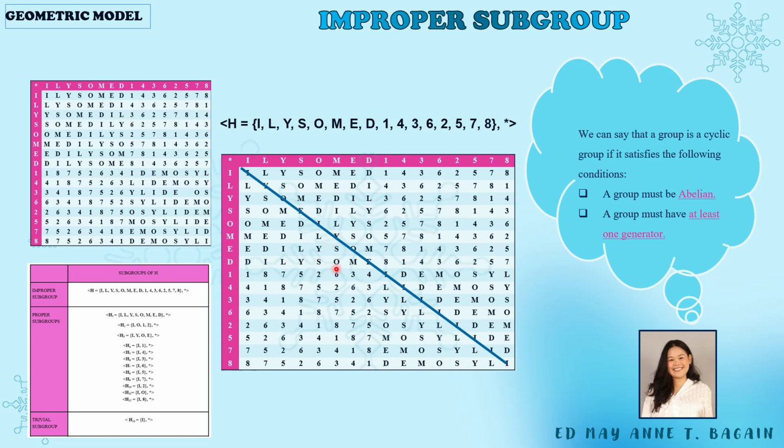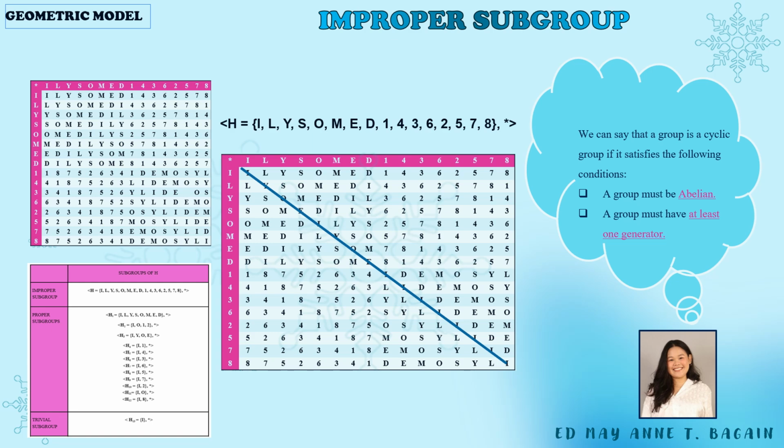So we have here L, this one, this one, D, and then this one. Yes, this. The L and D, these two.